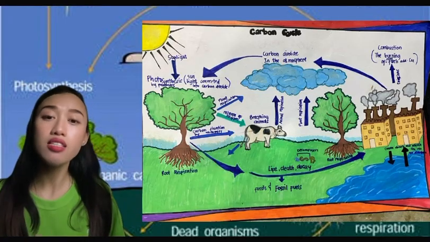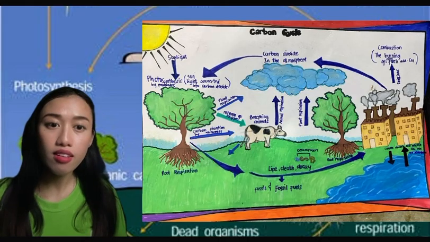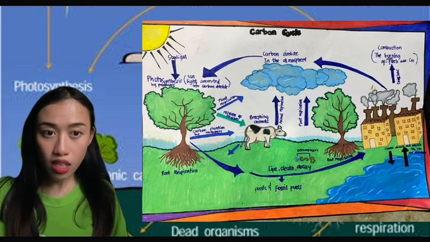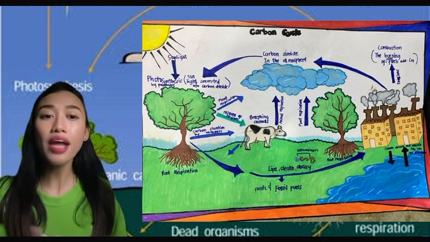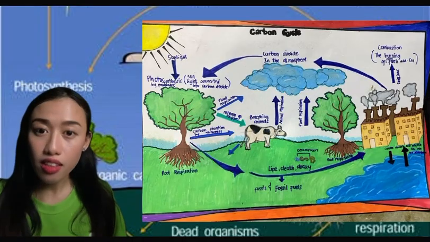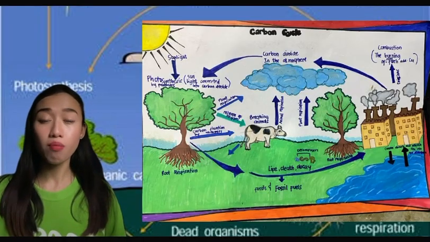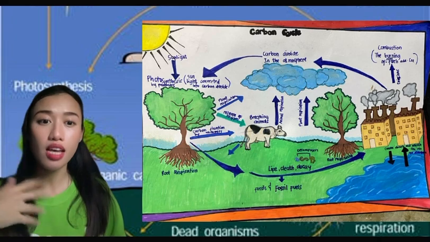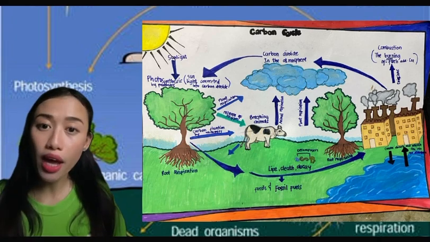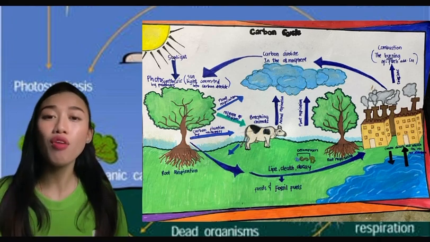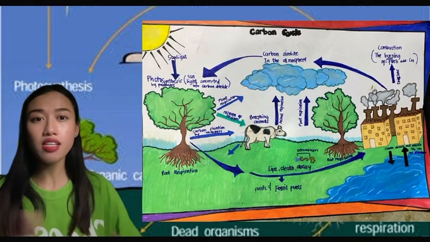Animals eat the plants and obtain the carbon, and animals breathe the oxygen, which is the byproduct of photosynthesis, and animals respire, or they give off carbon dioxide. So it's like a cycle.